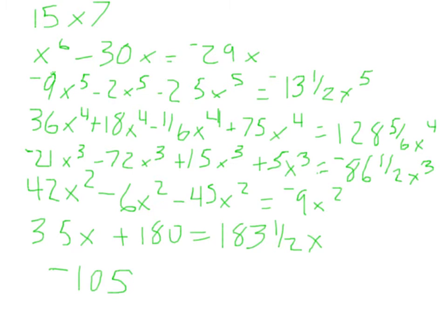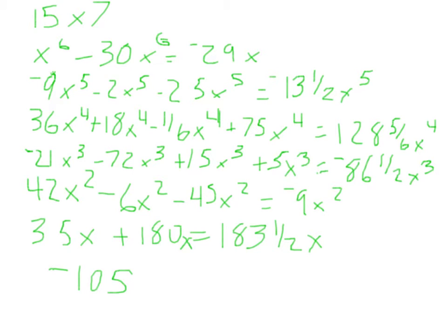You're going to have 15x to the seventh, and that's going to be by itself because there's no other term like it, and then you're going to add all the other terms, so x to the sixth, and this should actually be a 30x to the sixth, and then that will be minus 29x, and then you're going to go through all the terms that are alike, which is basically those with an x to the fifth, an x to the fourth, x to the third, x to the second, x, all those with just one x should be added, and you're going to get the sums of all those. And after you get the sums of those, you're going to want to write those in descending order.